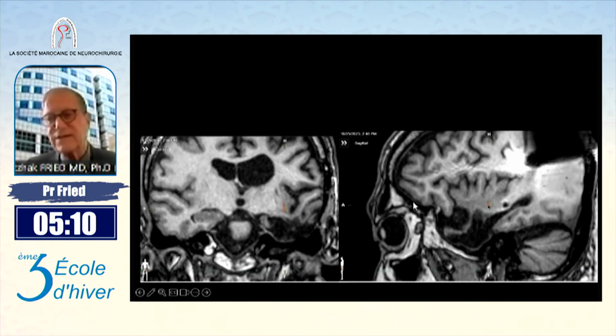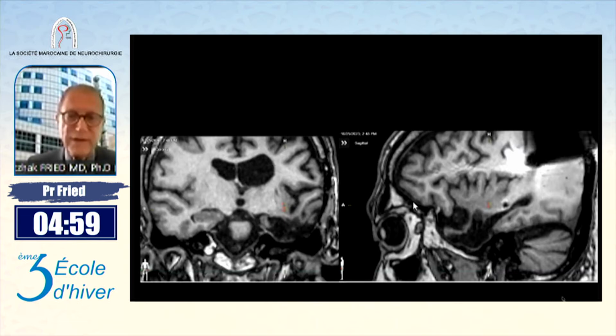You can see here in the ventral part, right? So you have to use several approaches. Of course, with the ROSA, with the robot, it's become easier to really do it, but I think it can be done almost as fast with a Leksell frame, if you really know what you are doing.